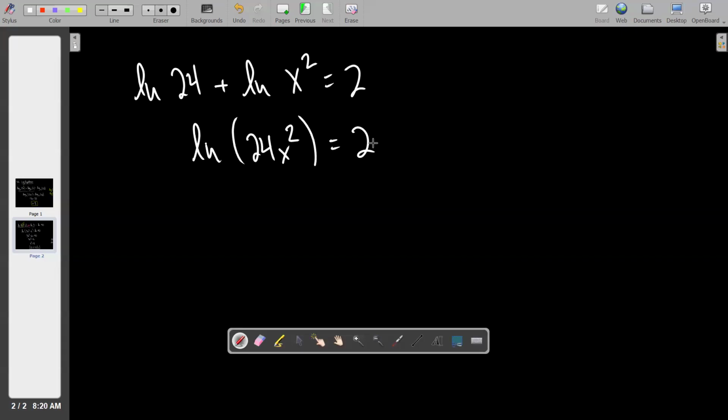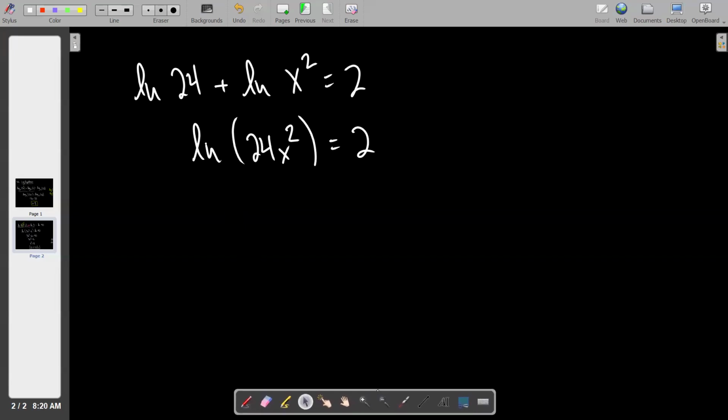All right, it's time to do the conversion. Remember, that's called condensing. Now we're going to do converting. What's our converted equation going to look like? e squared equals 24x squared.